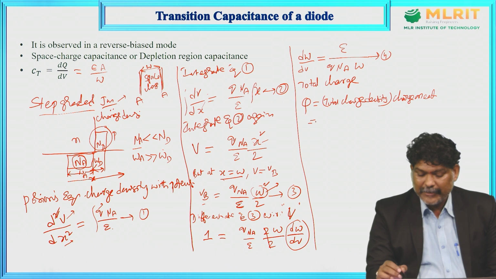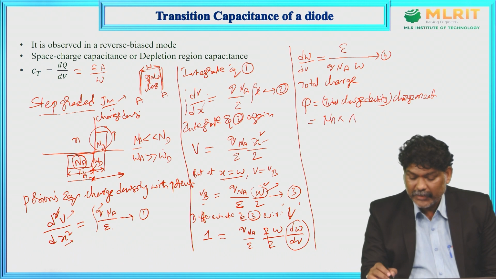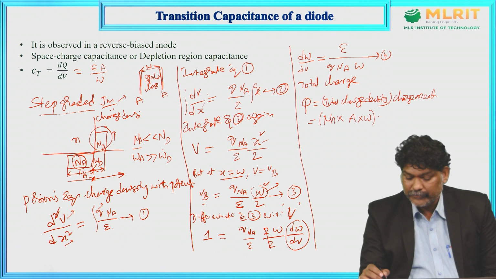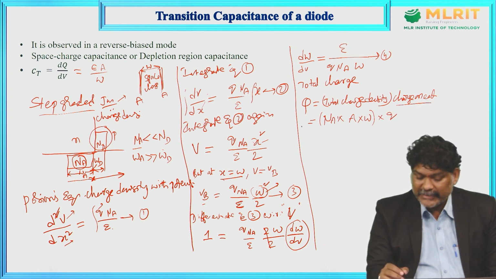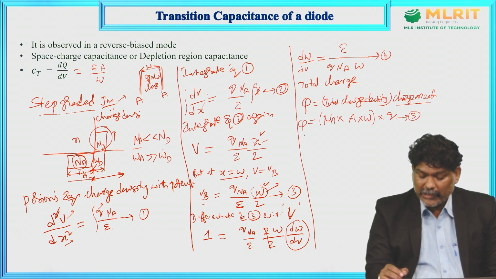This can be written as acceptor concentration into area of the plates into width of the plates into charge Q. So this is Q. Let it be the fifth equation. Now differentiate with respect to potential V again.